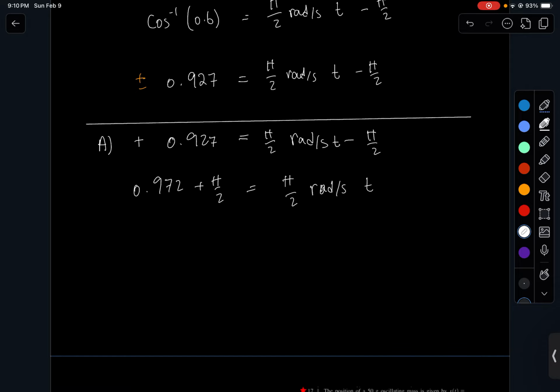Let me plug it into my calculator. It's going to be 2.54 equals pi over 2 rad per second times t. So the time is going to be 1.618 seconds.